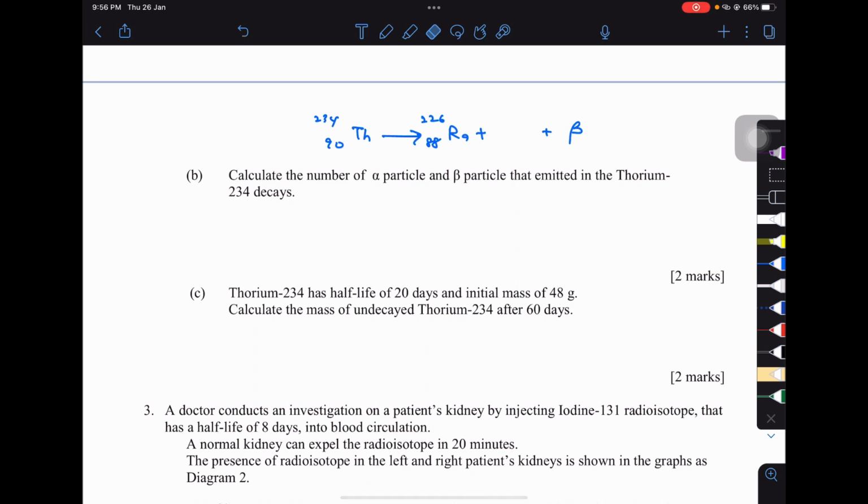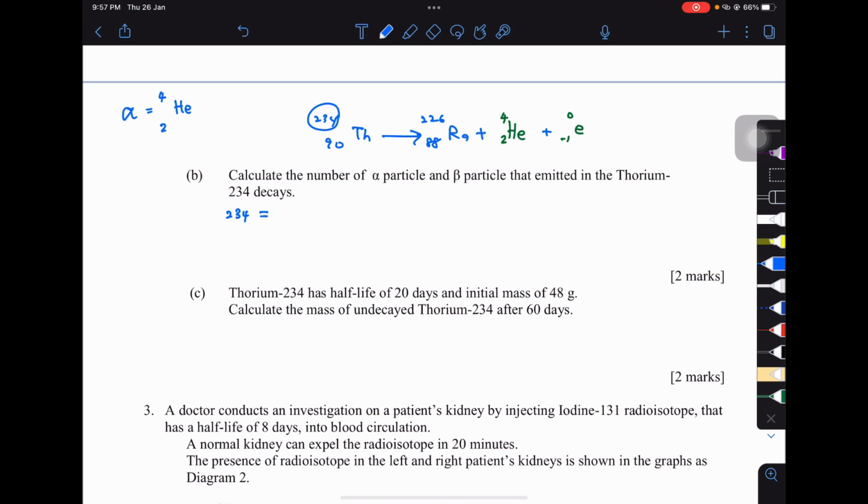We know this one, alpha. An alpha is a helium. Helium has 4 and 2. So we change alpha into helium, which has 4 nucleons, 2 protons. And beta is an electron, and an electron has 0 and -1. Now let's check, are they in balance? So 234, plus nothing next to the thorium.